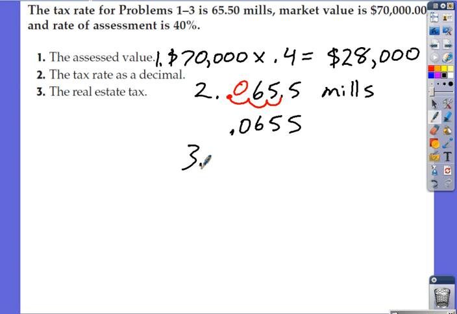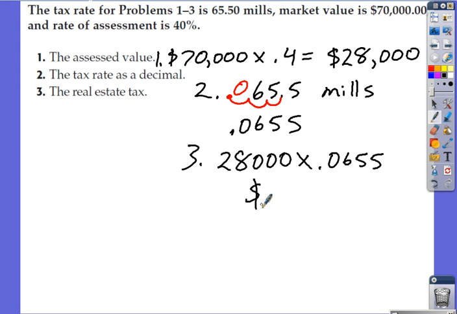Okay, finally, number 3, real estate tax. Take 28,000 times 0.0655. Your answer is $1,834.